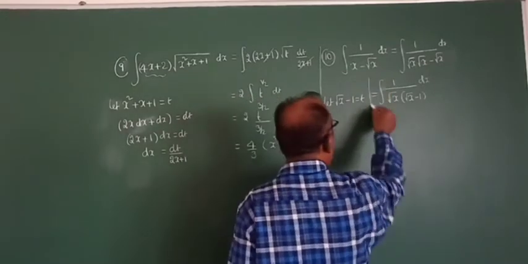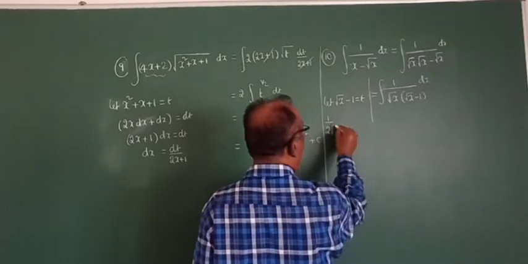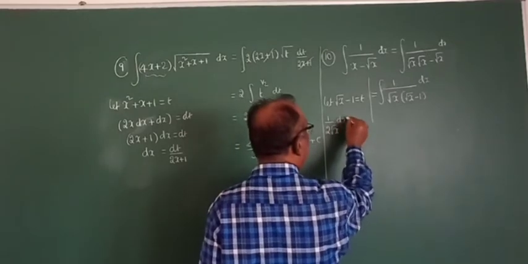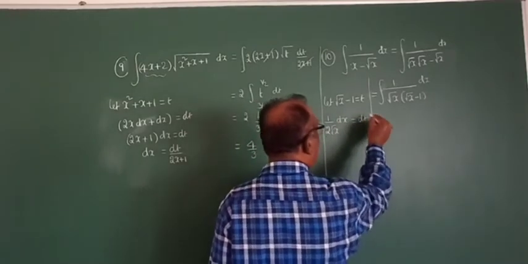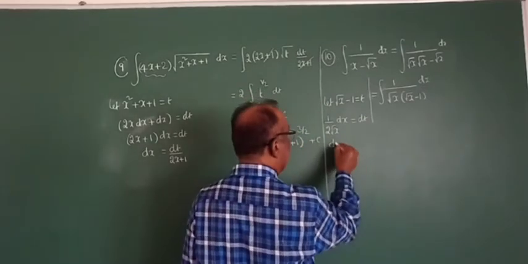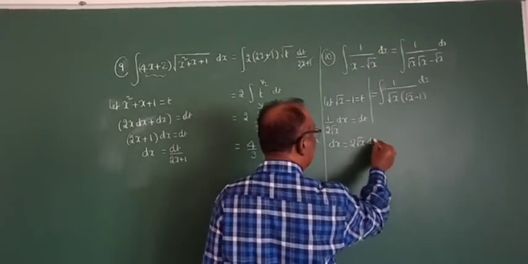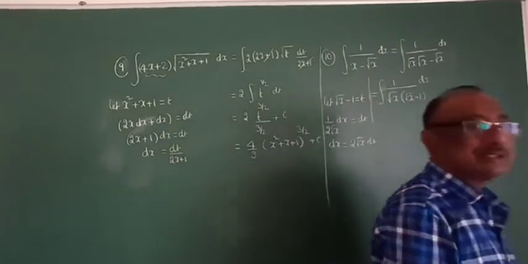Right, everyone see: root x's derivative is 1 by 2 root x into dx, and t's derivative is dt. So dx is equal to 2 root x into dt. Substitute, and we get the answer.